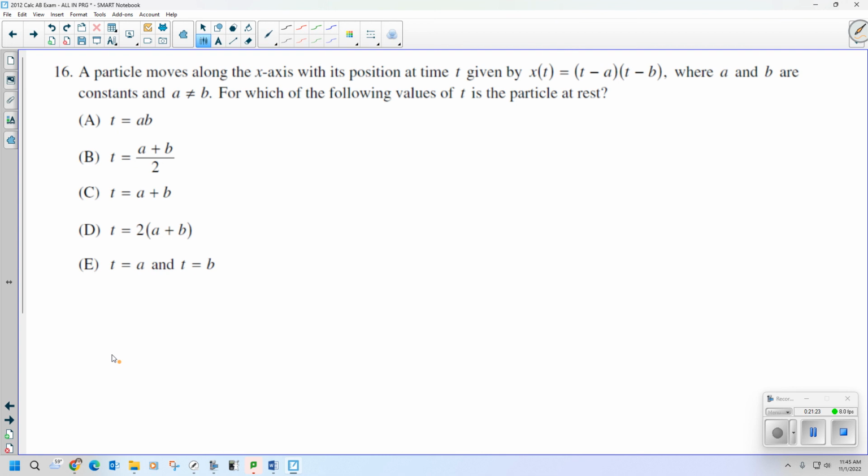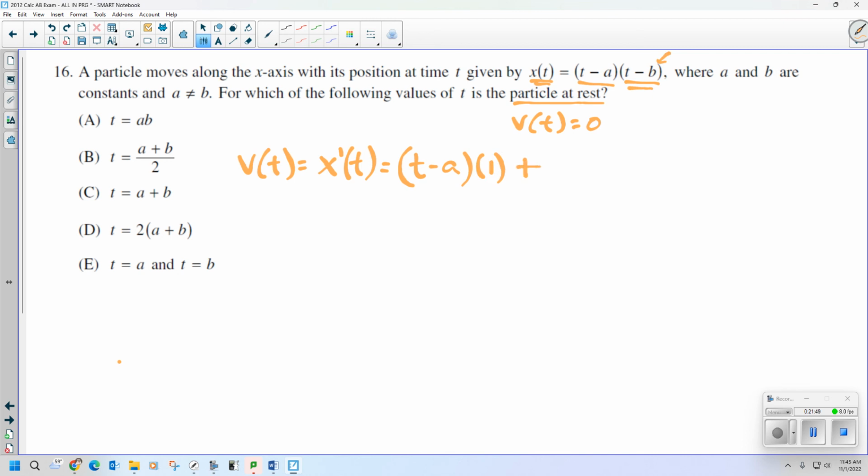All right, so first of all, particle at rest means the velocity is equal to 0. If I have position, I get velocity by taking the derivative of position, and that's the product rule. It is the first times the derivative of the second. Remember, that's a constant. Derivative of t is 1.